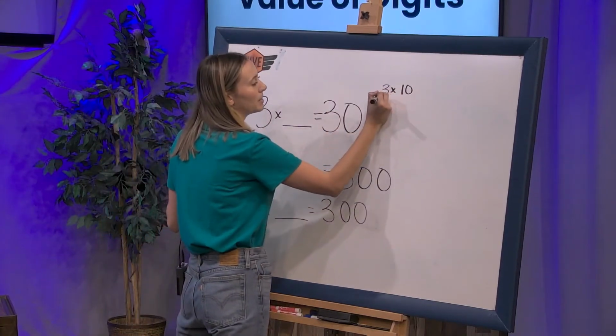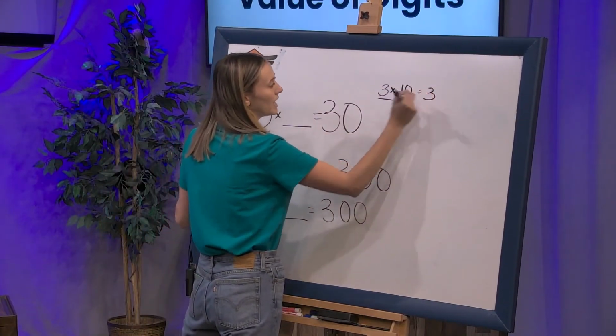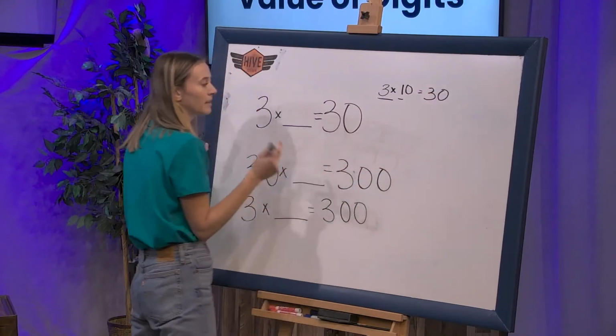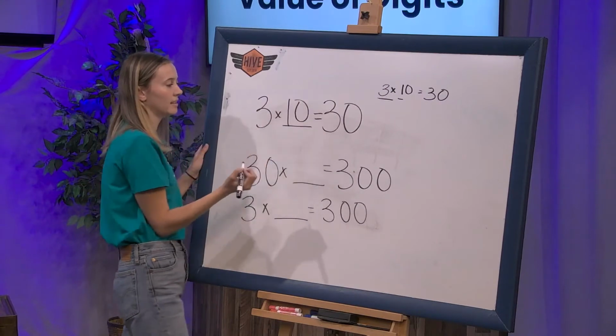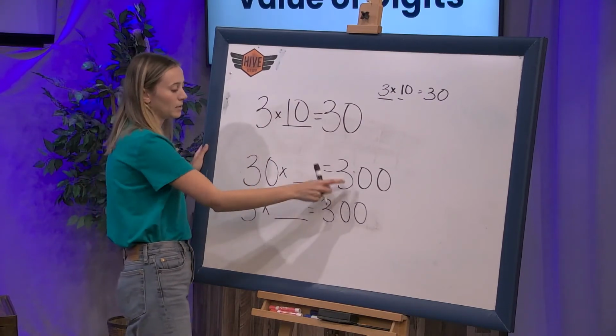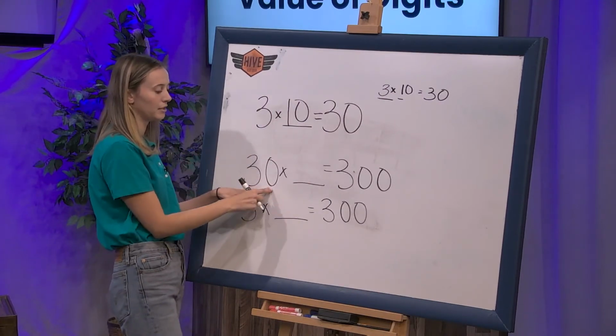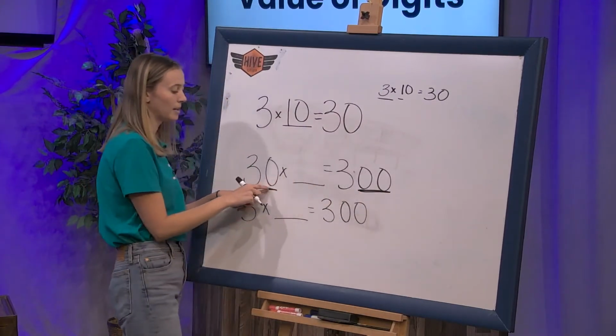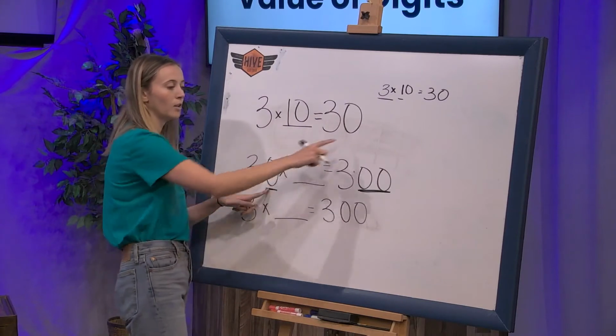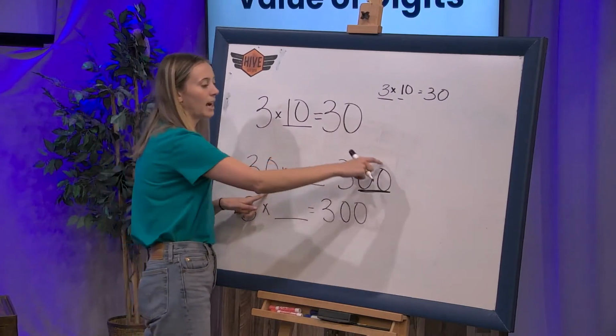So if we did 3 times 10, we did 3 times 1 equals 3, and then add the 0, 30. So 3 times what equals 30? 10. 30 times what equals 300? So how many more zeros do you need? If you have 1 here, you have 2 here, how many more do you need to have 2?